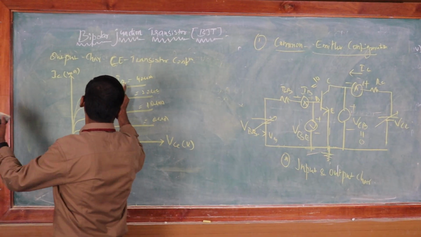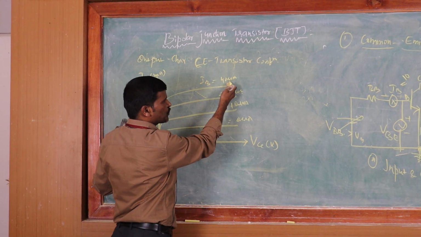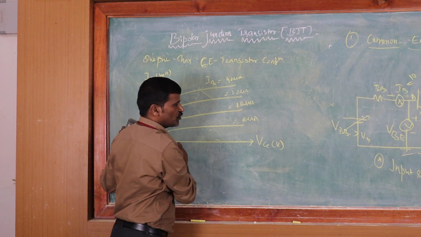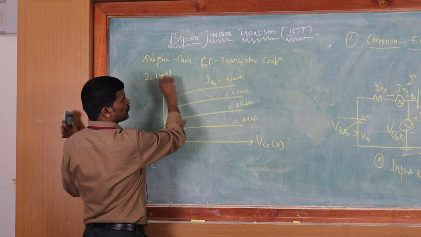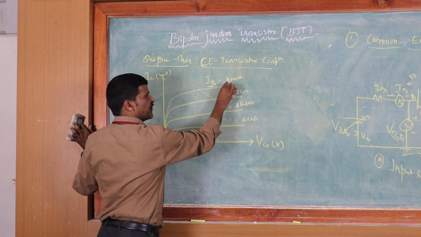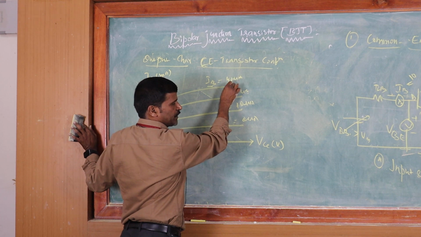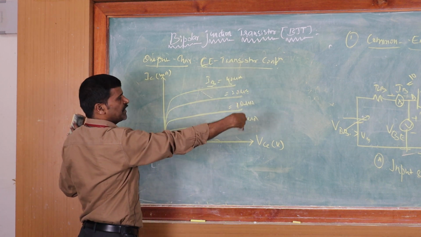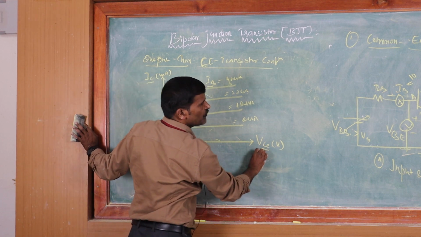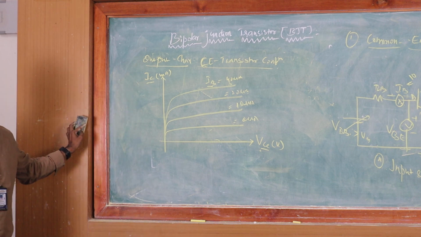So for different constants of IB, equal to 40 microamperes, 20 microamperes, 10 microamperes or 0 microamperes, you first fix IB, then while increasing the output junction voltage, note down IC versus VCE values. This is called the output characteristics of the transistor configuration.